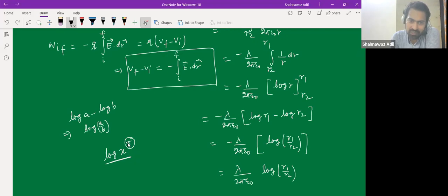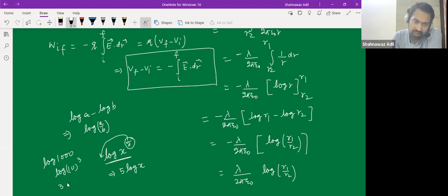You guys know the properties of log, right? This power goes in the multiplication, so this is 5 log x. That is why log of 1000 is log of 10 to the power 3. So 3 comes here, and this is log 10 to the base 10, which is 1. So this is 3 into 1. That is how we solve the logs, right?